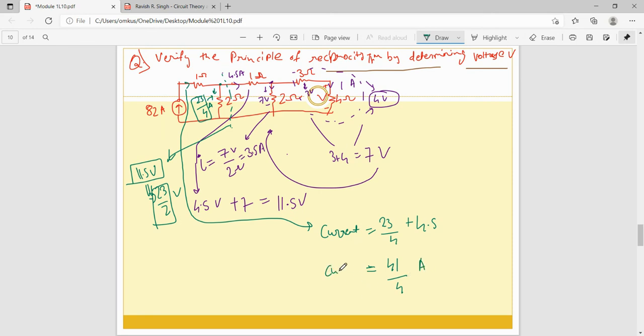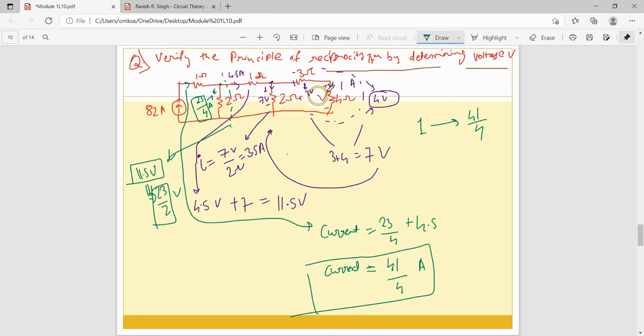This current value. Now apply the homogeneity. When you consider this 1 ampere current from this load end, you will get from supply end 41 by 4 ampere, right?